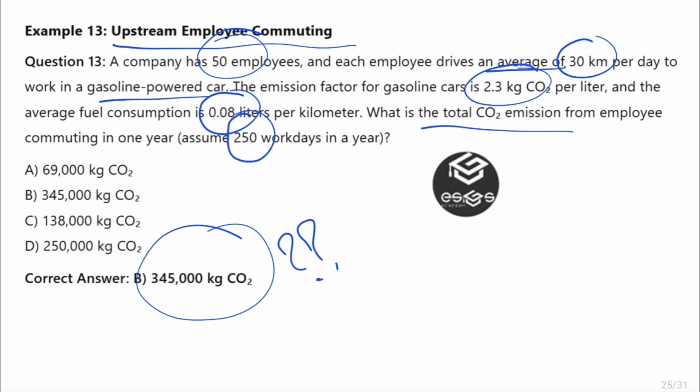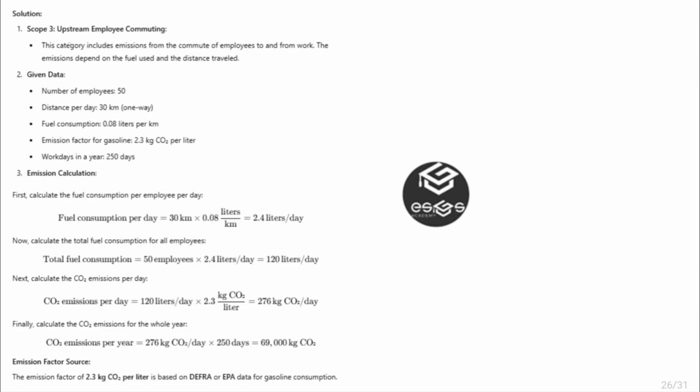Let us see employee commuting, the category which includes emissions from the commute of employees to and from work, and the emissions depend on what type of fuel we are utilizing and the kilometers distance traveled. Now the given data available: total number of employees, distance per day, fuel consumption, and emission factor are given.